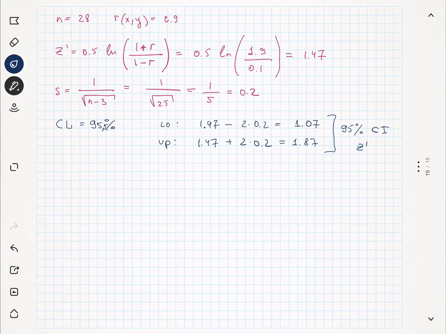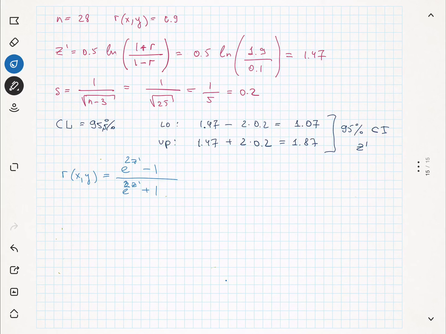But I know that r depends on z prime, so I can use these two values to calculate the confidence interval for rho in this case, right? We know that r of x and y is e to the power of 2z prime minus 1, divided by e to the power of 2z prime plus 1.